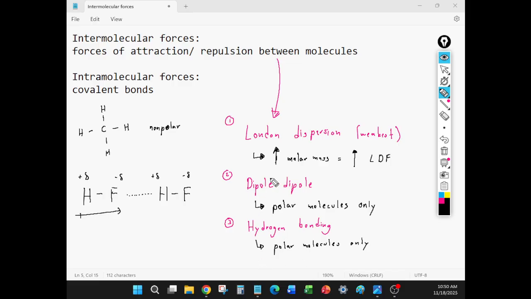This can only occur if there is an HF bond, an HO bond, or an HN bond. That's it. Nothing else can experience hydrogen bonding. Okay, so this is really easy because if you look at the periodic table, NOF is next to each other. So NOF. Okay, only NOF can experience this.